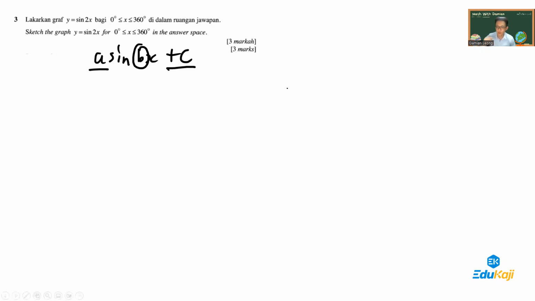And c is shifting up or shifting down. In this case, just b is affected, meaning the frequency is 2, so I repeat the cycle of sine 2x two times within 360 degrees.